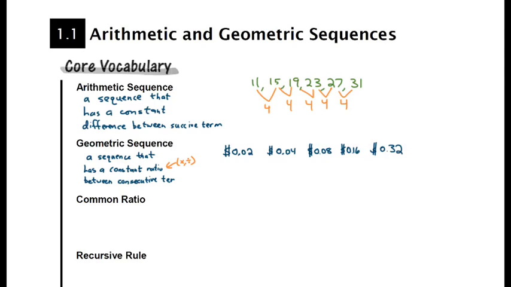And notice how it's getting bigger faster, and then we'll get 64. Then we'll get $1.28, so on and so forth. So each one of these, the common ratio is we are multiplying by 2. That's times 2, times 2, times 2, times 2. It has a common ratio.